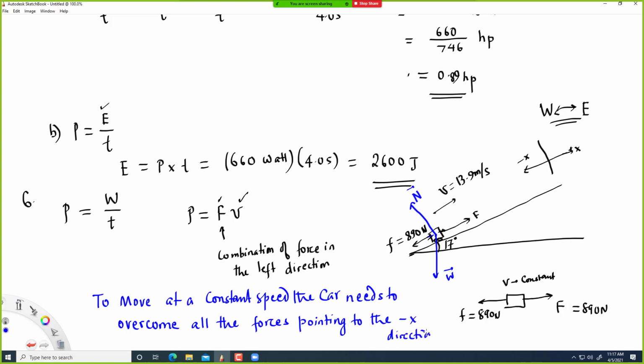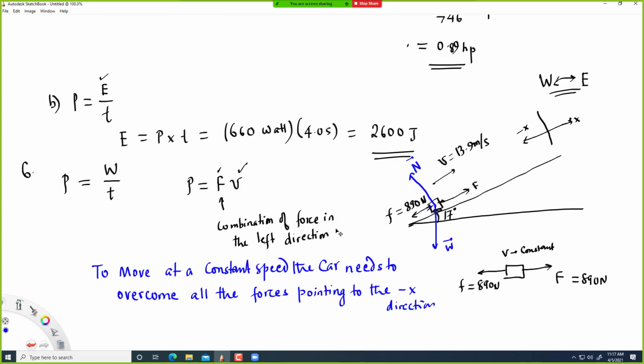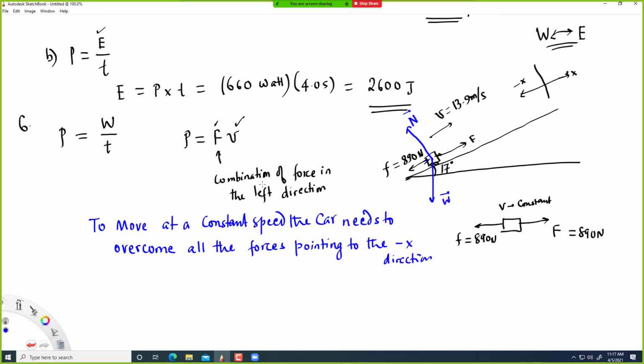So we need to decide the forces pointing along negative x direction. So one is friction. What else? There's not only friction present here. There's one more force pointing to the left. What force is that?